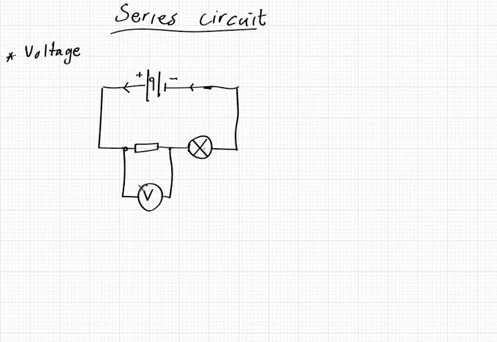Then we connect it this way. So this is voltage. This is the potential difference between this point and this point. Then we connect another one here, just for convenience. V, right? Supposing we don't know the value of the EMF.